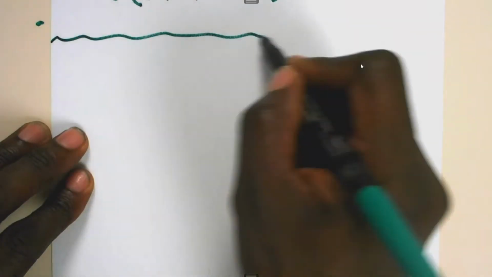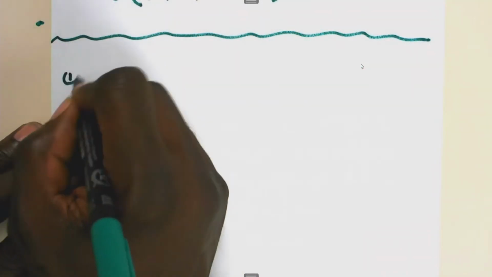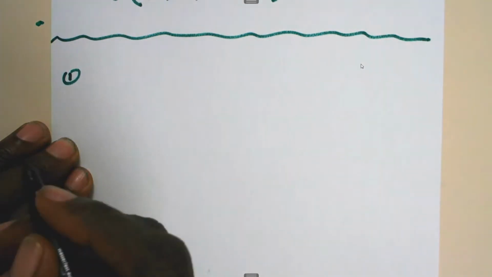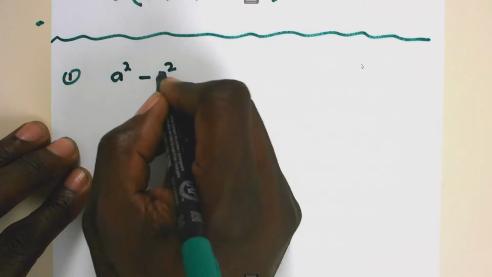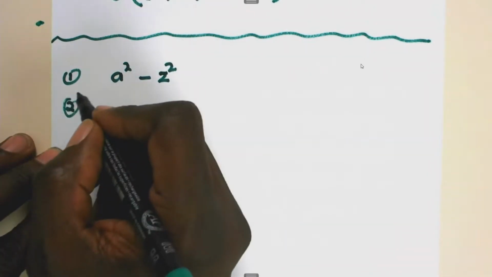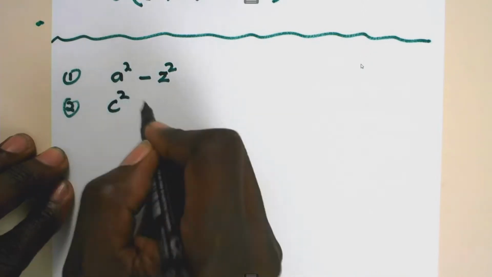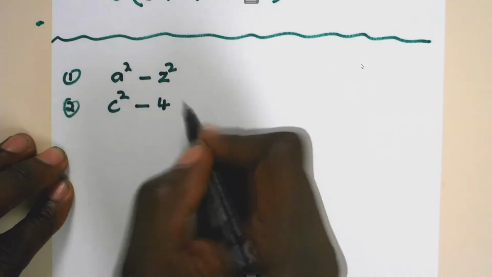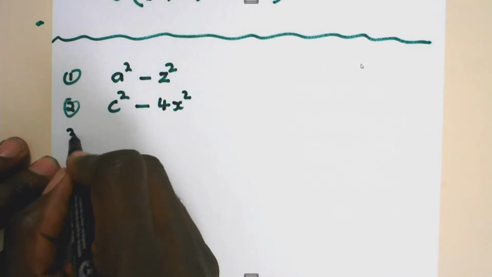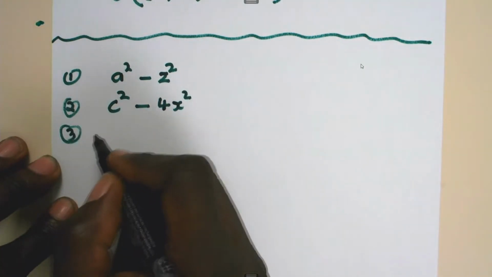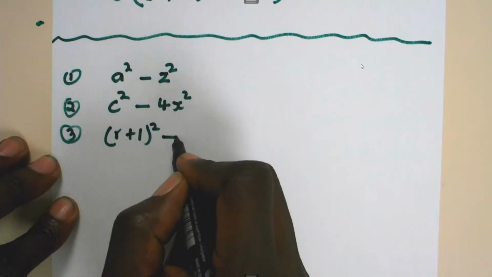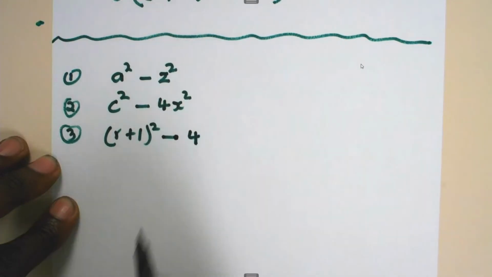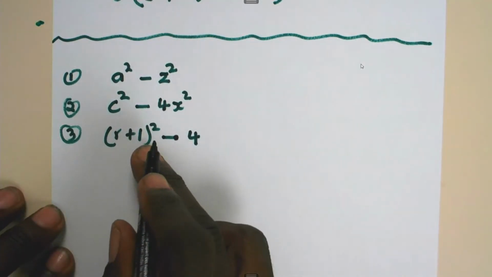Please, today I want to give you this so that you can go and complete at home. Number 1 is a squared minus z squared. Number 2 is c squared minus 4x squared. Number 3, now I'm challenging you, it will be r plus 1 all squared minus 4. These are level 1.